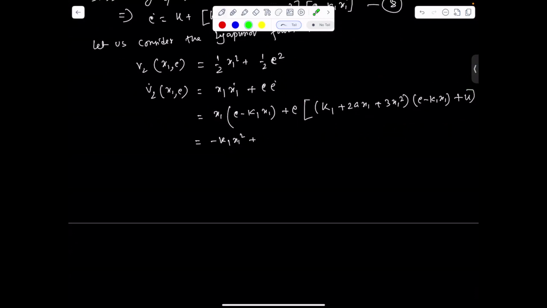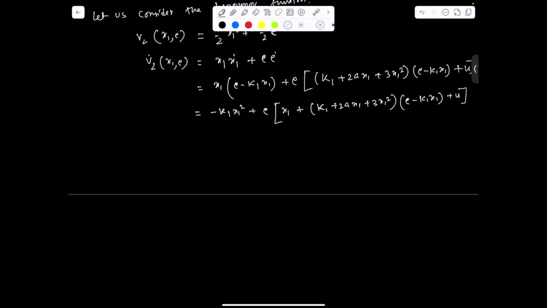So we can write e into x1 plus k1 plus 2a x1 plus 3x1 square times e minus k1 x1 plus u.